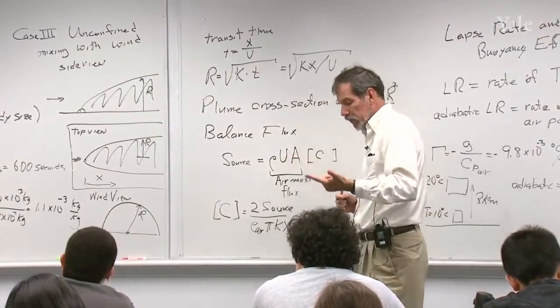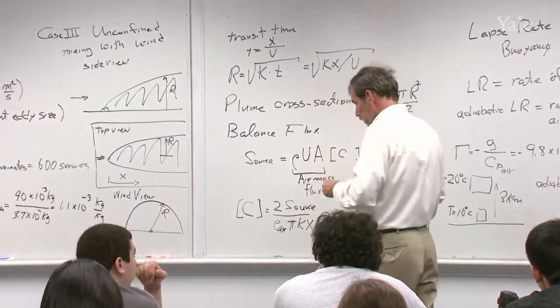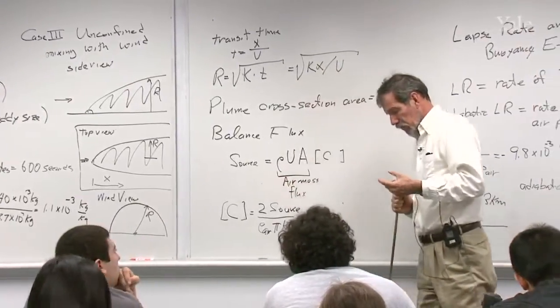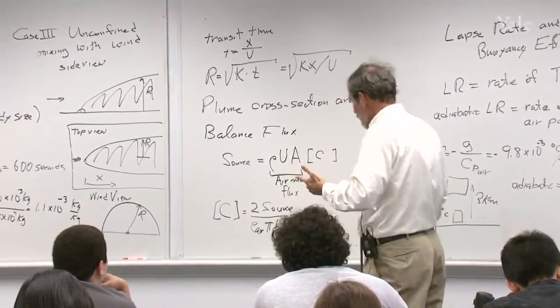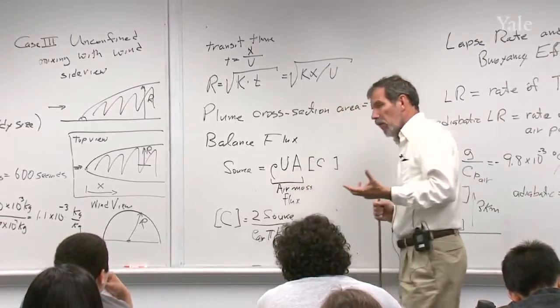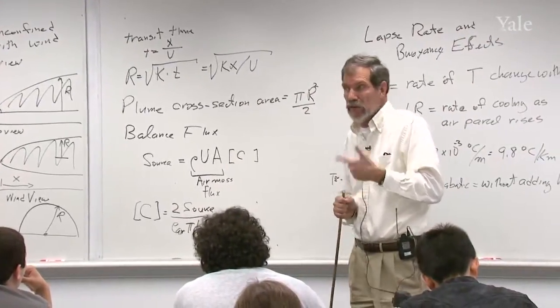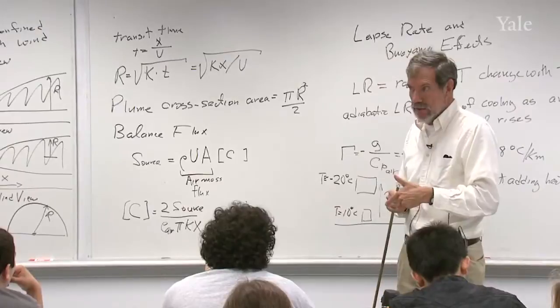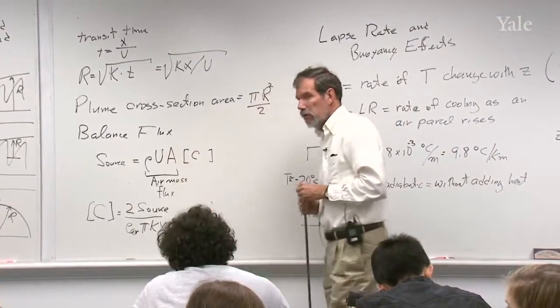I think that's the curveball I've given you on the problem set. I gave you a problem in which the source was quoted as a number of particles per second. And so the concentration then was in units of particles per cubic meter rather than kilograms per cubic meter. So just be aware you have to have consistent units when you do this.